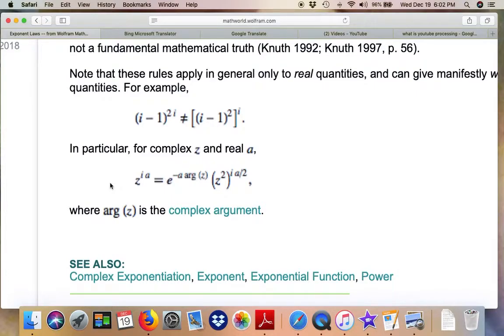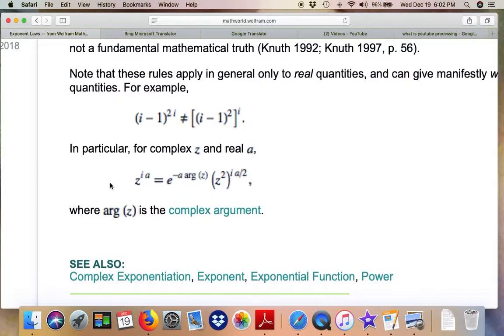Now, I might do a video on that. Negative a times arg z, and arg is usually argument. And an argument is like an input into a mathematical box that gives you an answer, a function.